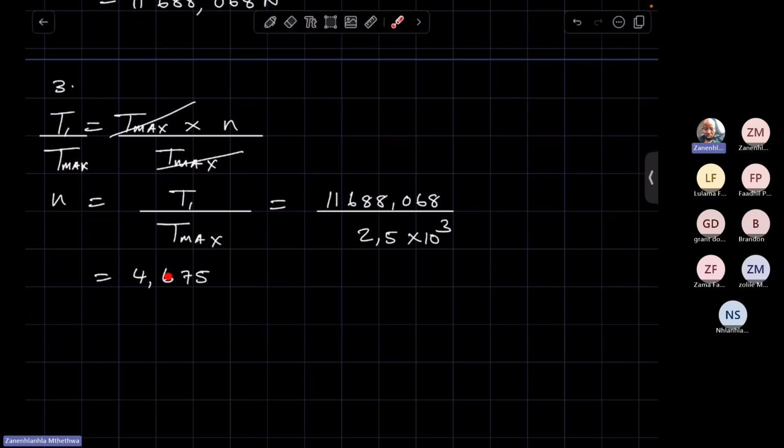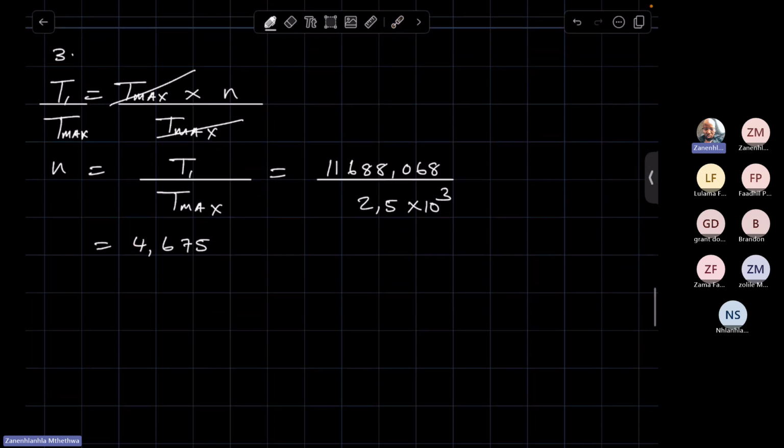But if the number after the comma is 5 or above, then you round off to the next unit. So this would be 4,6.